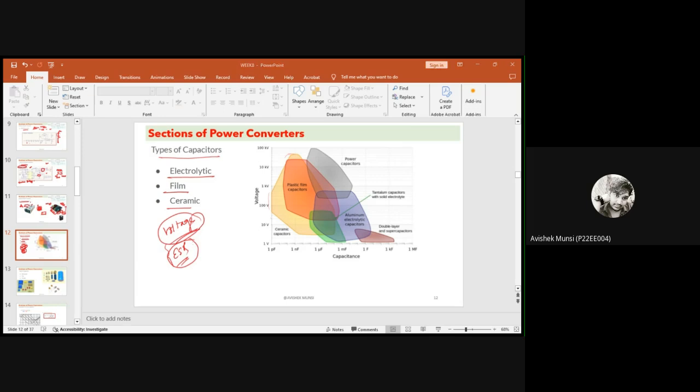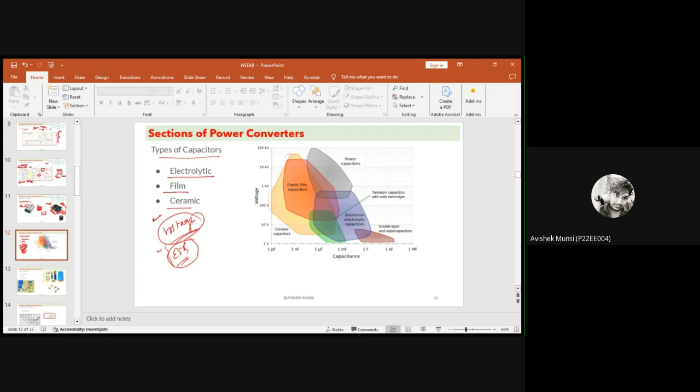Suppose you're designing a converter for an input voltage range of 100 volt, and you choose a DC bus capacitor of 25 volts, it will not work, right? It will burst, it will damage your circuit. So keep in mind while choosing the capacitor, voltage is very important.